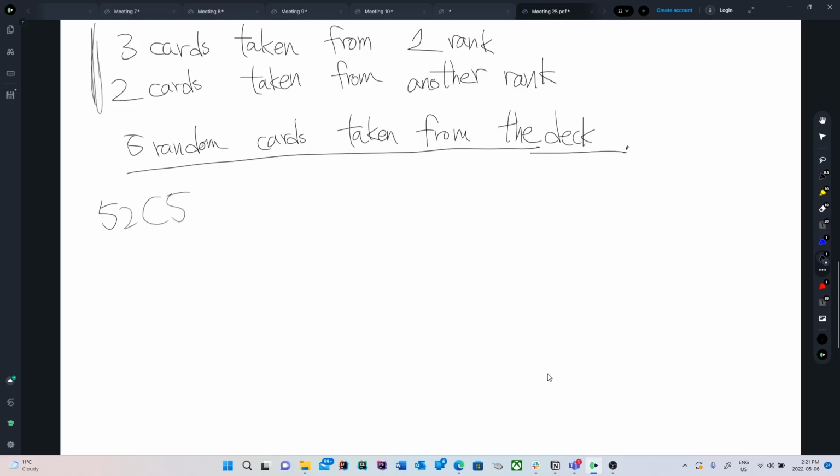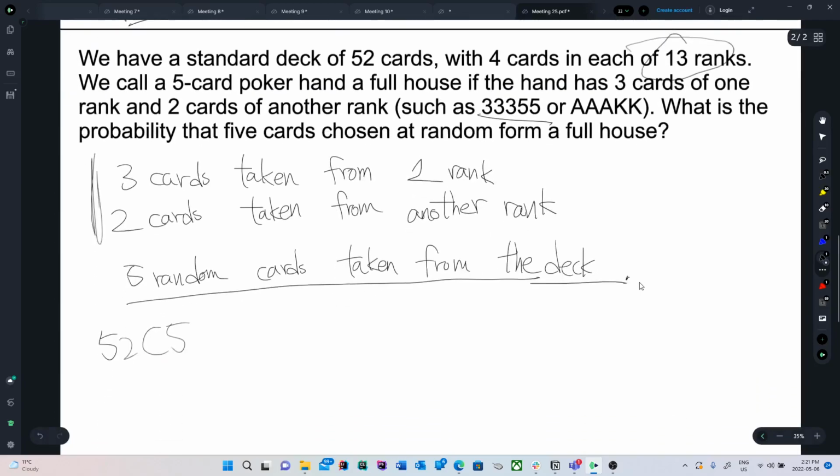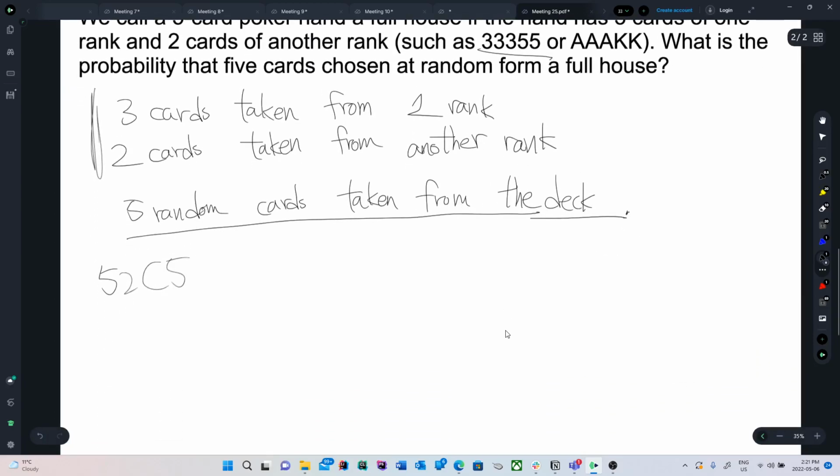We want to choose one rank out of the 13 ranks in each deck of cards. Within each rank, there's going to be 4 cards, and within the 4 cards, we only want to choose 3 of them. So we're going to have 13 times 4 choose 3 as the possibility that 3 cards are taken from one rank.